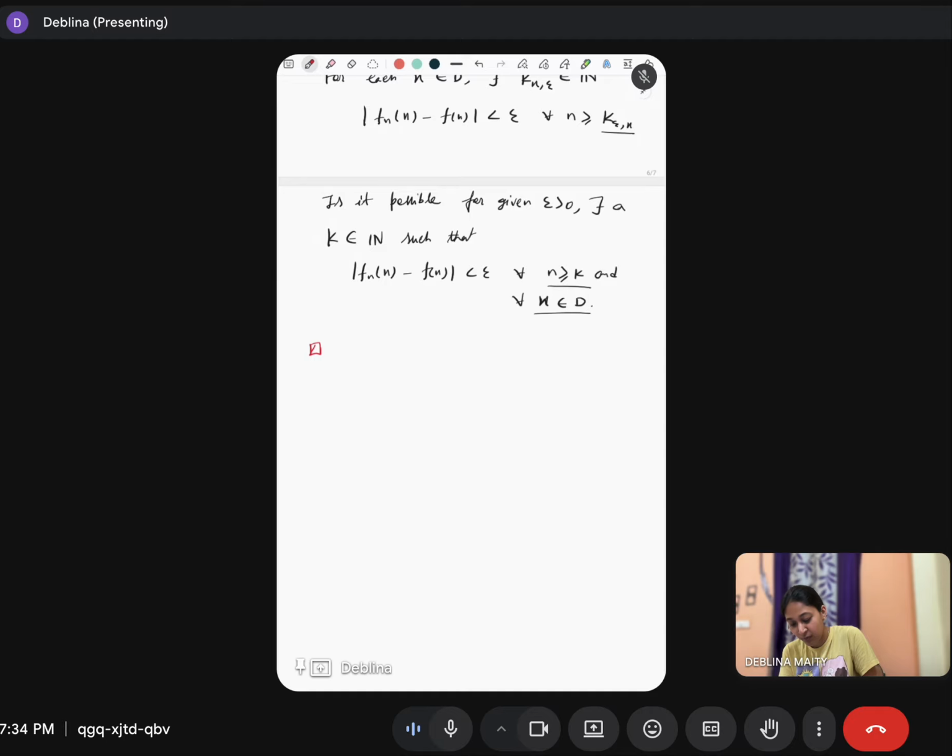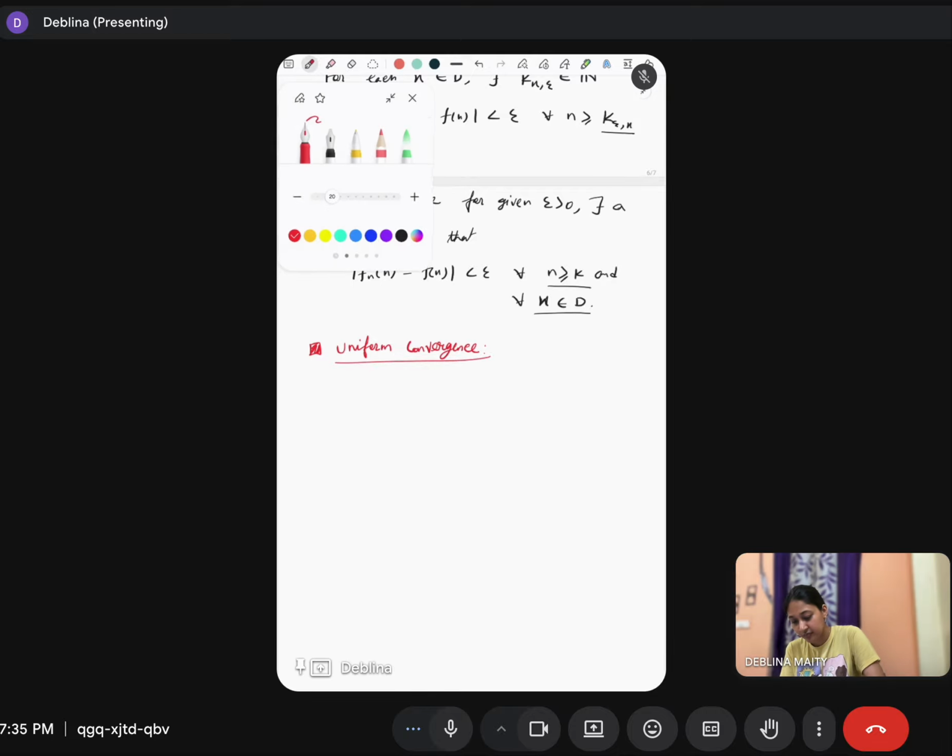So in uniform convergence, we will see that for each epsilon greater than 0, there should be a uniform k which works for all the x. So, uniform convergence of a sequence of functions.